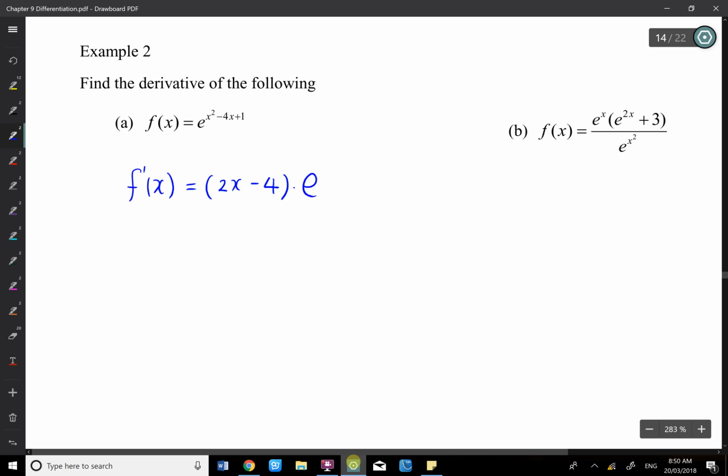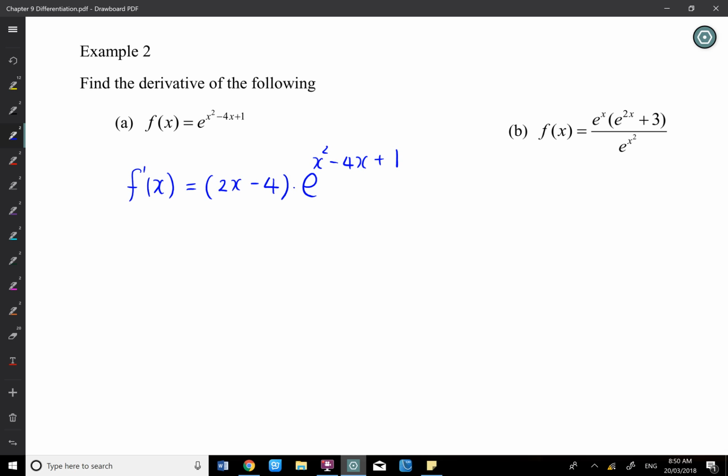When you finish, you can have a look if you have the right thing. We derive the power. When you derive the power, that gives you 2x minus 4. And then you copy the thing again. Okay, that's the first one.